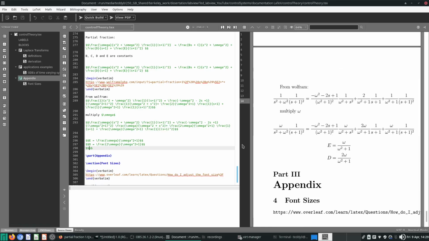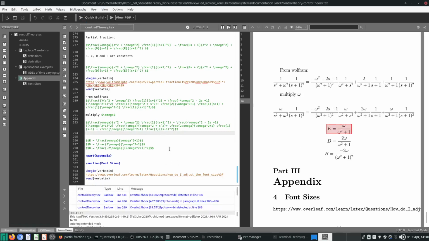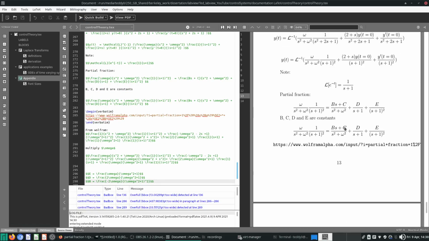It's minus 2. B equals minus 2 over omega squared plus 1, and the whole thing will be squared. Hopefully you can see that. Of course you actually need to multiply in the omega.